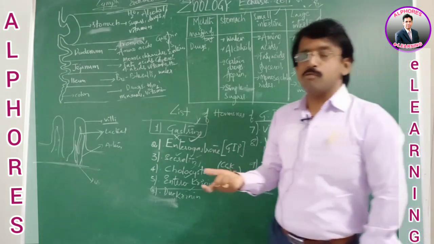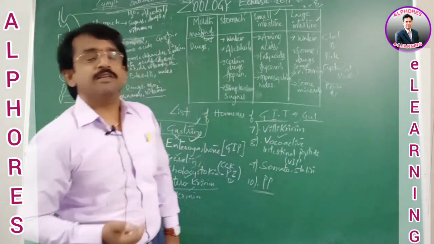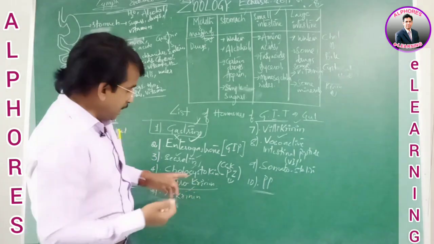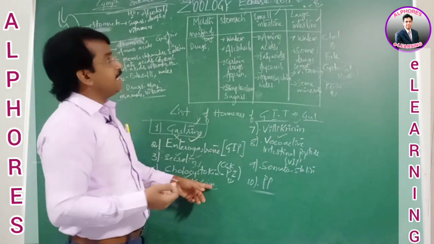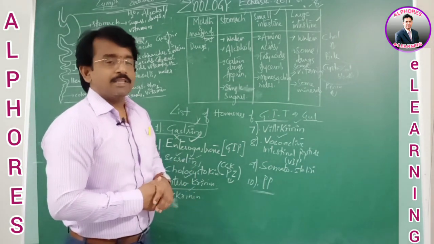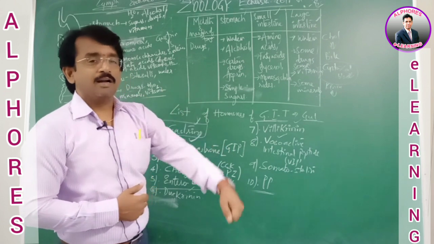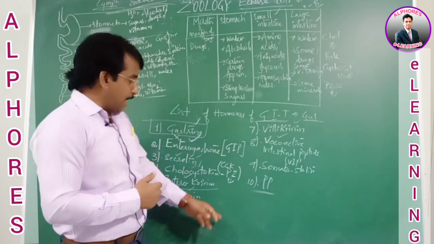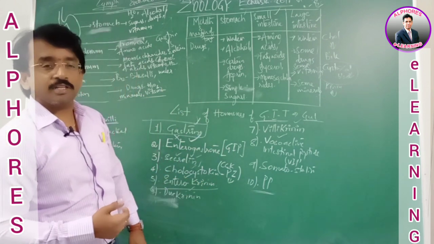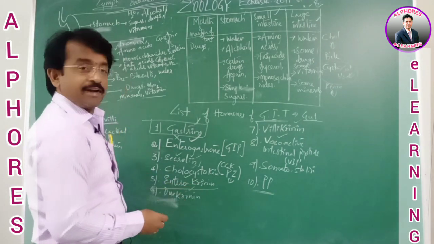Crypts of Lieberkühn refers to nothing but the intestinal glands. So enterocrinin stimulates the crypts of Lieberkühn to secrete the intestinal juice, which is released into the intestine. That is the function of enterocrinin.